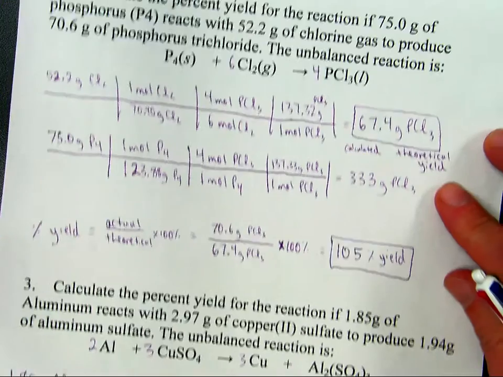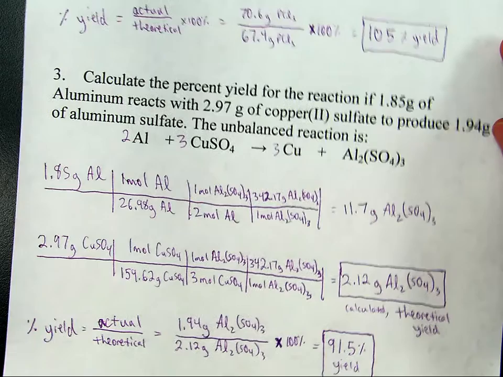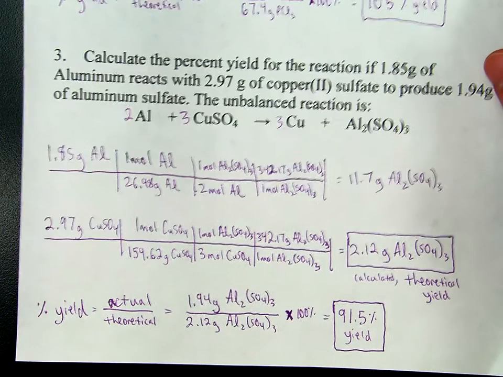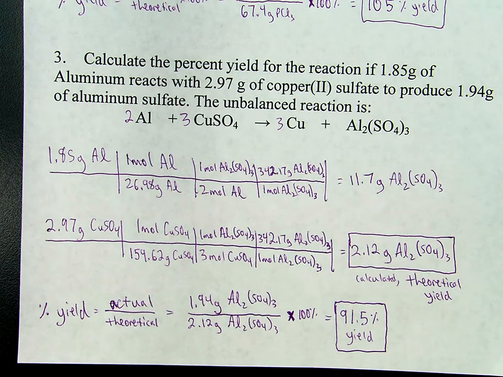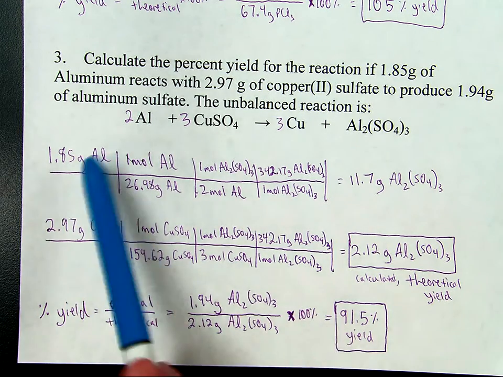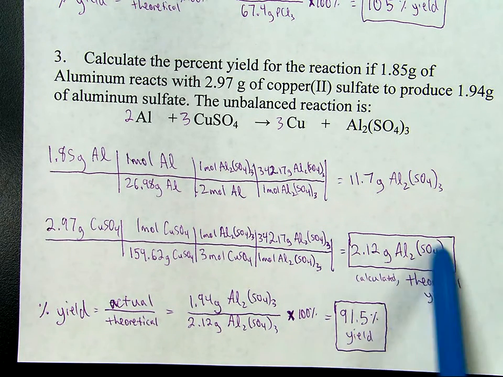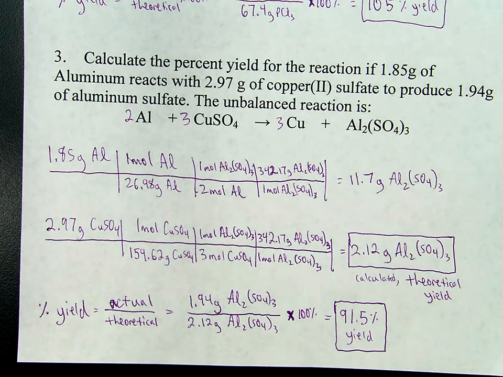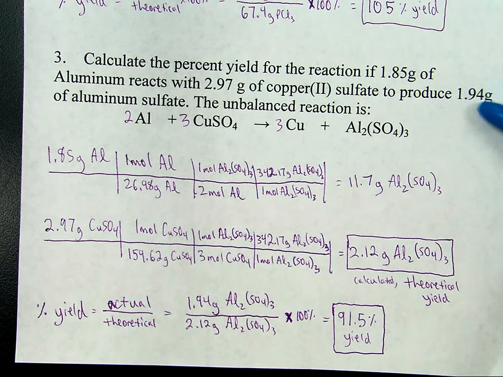Now for the other one. Okay, there we go. So once again, I took the two reactants, calculated how much product, chose the smaller number as the calculated theoretical yield, and then took that number and put it together with the actual yield up here.